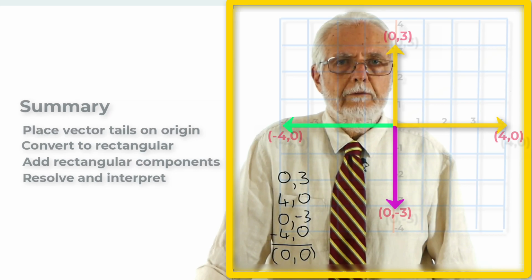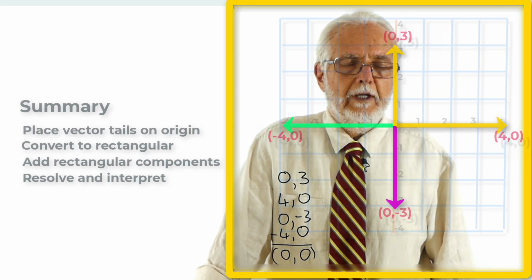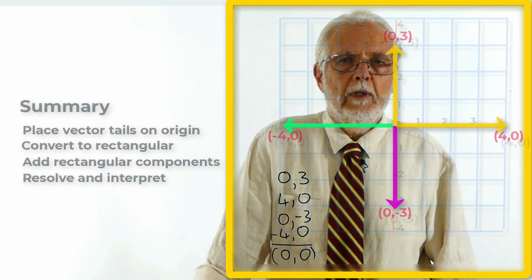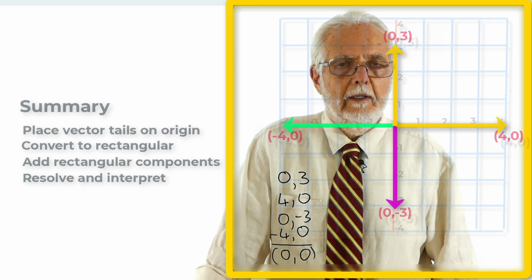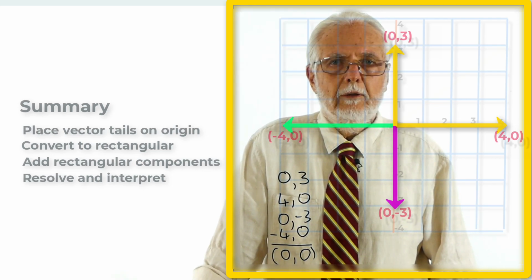If we imagine, for example, that these vectors are force vectors, opposing pairs cancel, and the sum is again 0. I hope this helps, and all the very best.